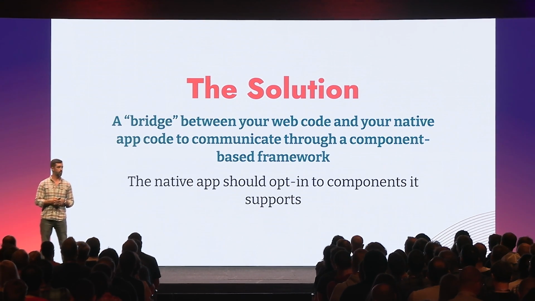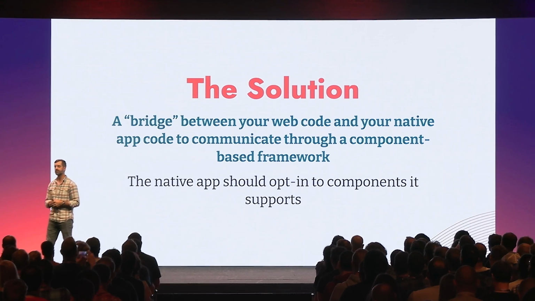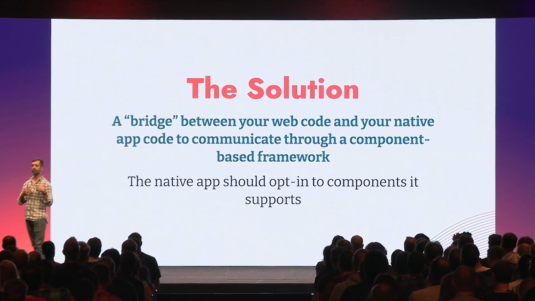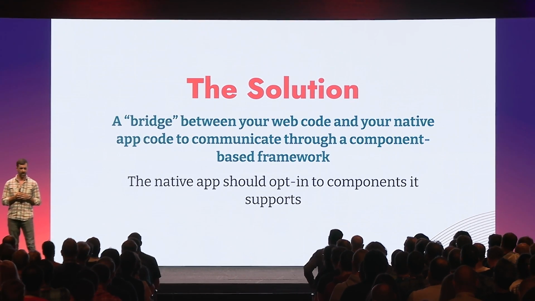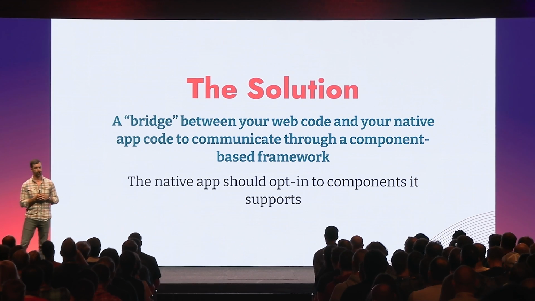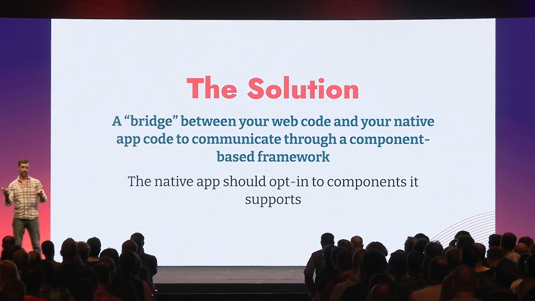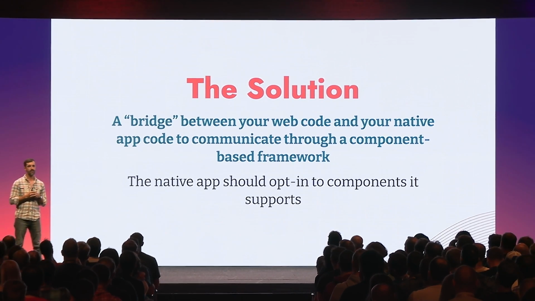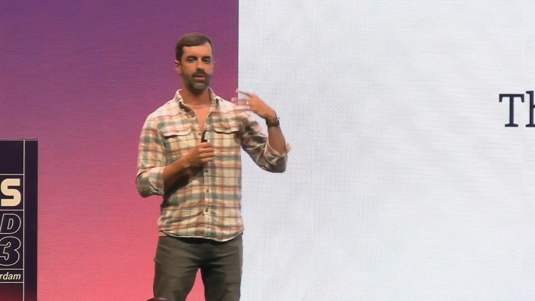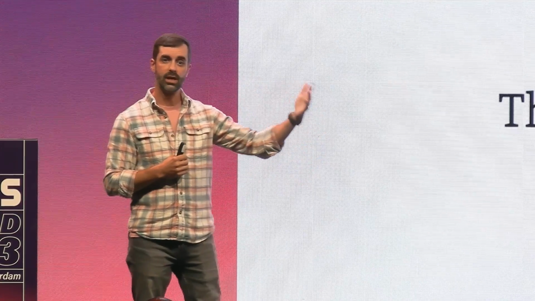And the other thing we wanted to do was, if you have a Turbo native app, one of the things you'll realize is you want to launch a new feature, and you can push that out and deploy your changes immediately on the web, but it may take one, two, three, a week to ship out your app update.